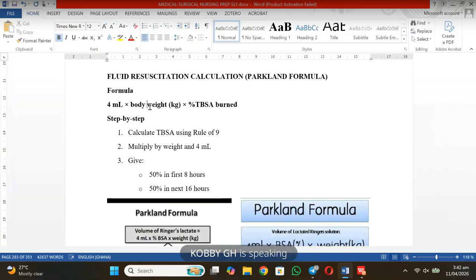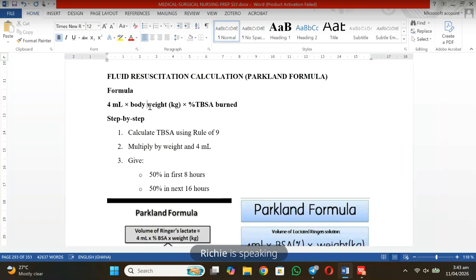What amount of fluid is required to resuscitate this patient? Do the calculation and give me the answer.